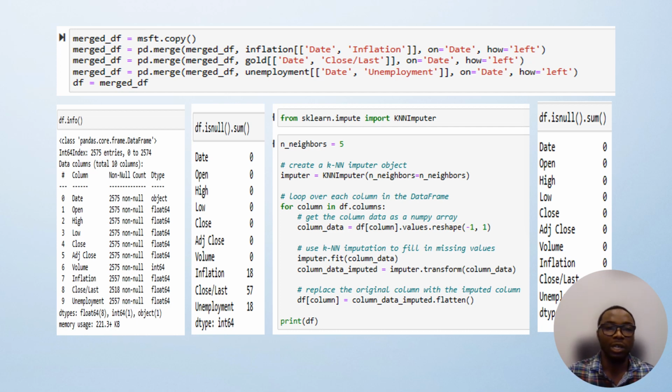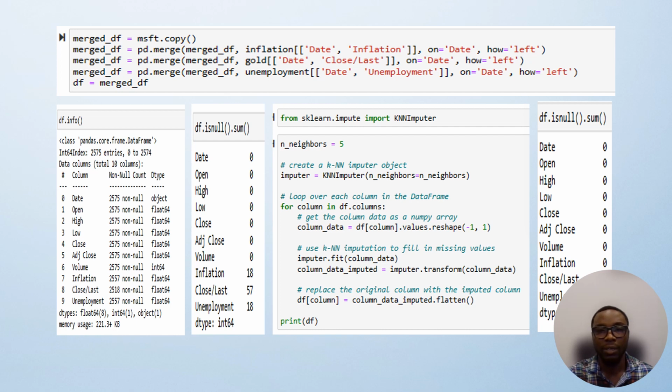This is a quick glance of the data. We made the data frame using a copy of the Microsoft stock data set, and then we merged each of the other data set files that was loaded in, using the date as the initial date of Microsoft as the format.